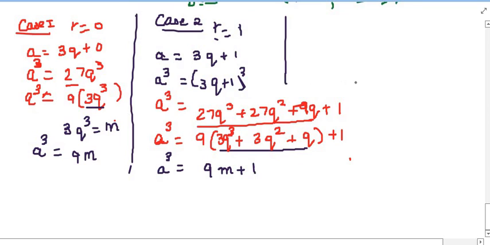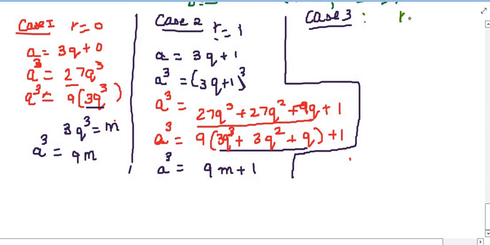Okay, now we will do case 3. When r is 2. So it means a is equal to 3q plus 2, and cubing both the sides, a cube will be equal to (3q plus 2) cube.